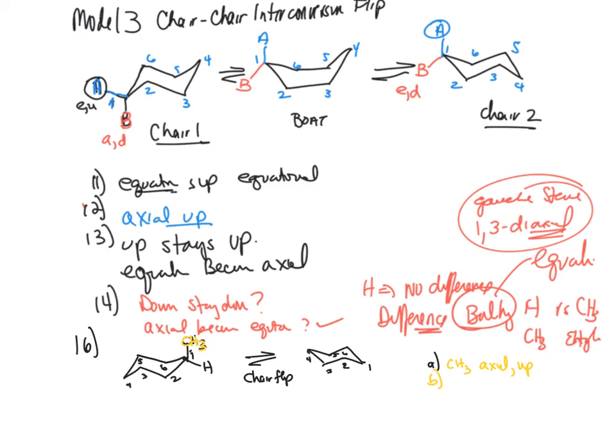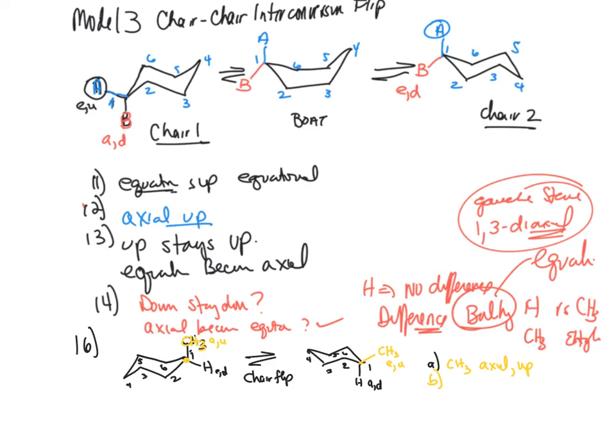All right, so it's on carbon number 1. And what's our rule? Up stays up. Always draw in your axial first. So that's axial down. This is equatorial down. And then the methyl has to stay up, and it's equatorial up. And so axial up became equatorial up.